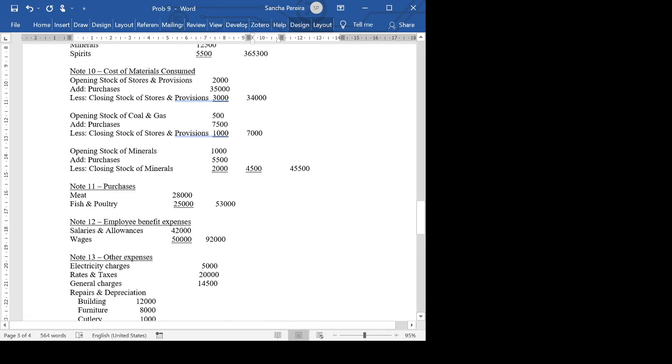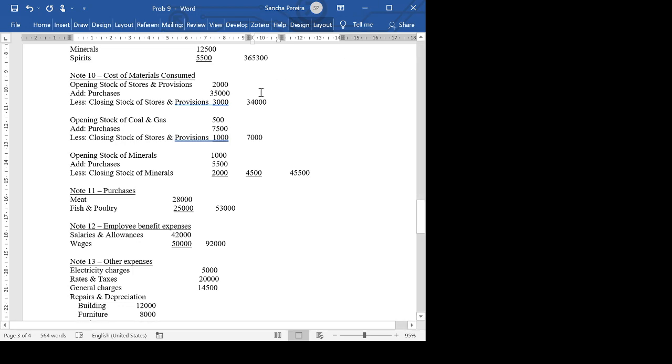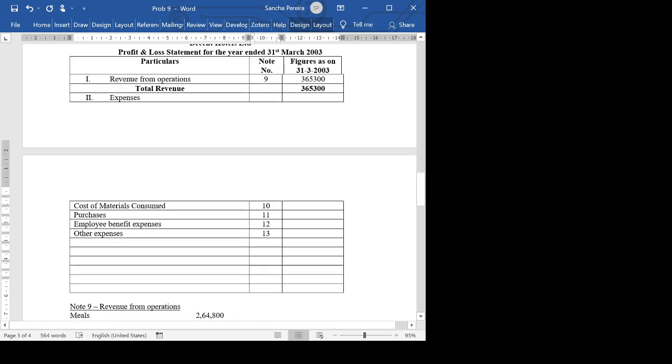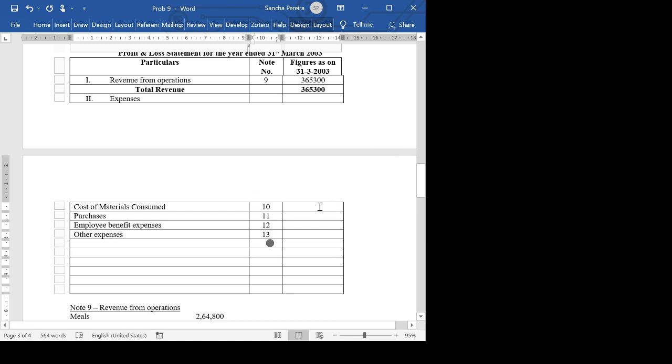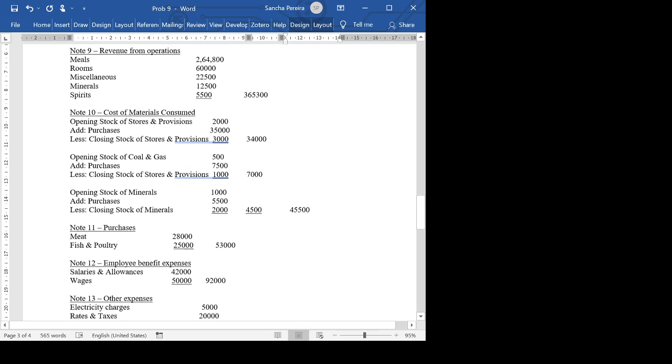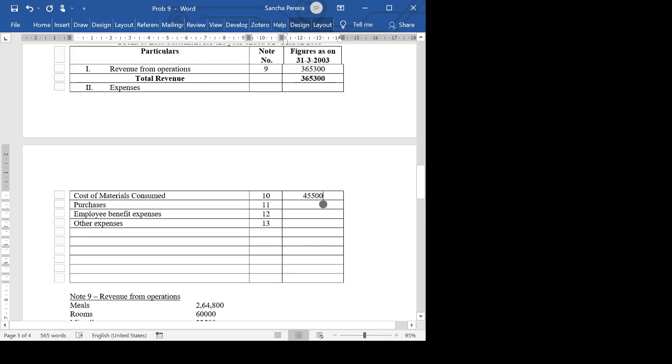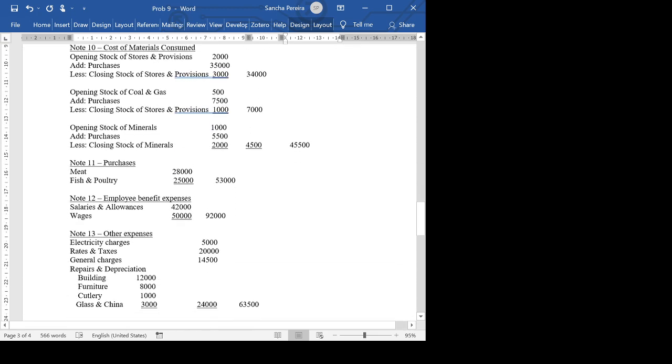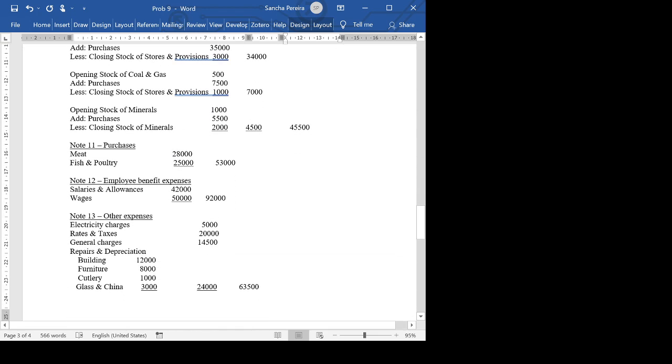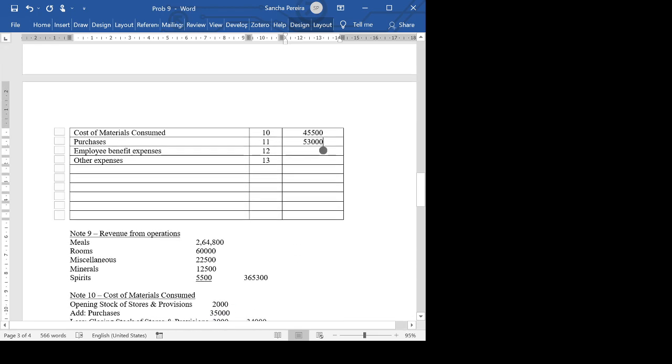Transferring these items, cost of materials consumed is 45,500. Purchases are 53,000. Employee benefit expenses are 92,000 and the last one is 63,500.